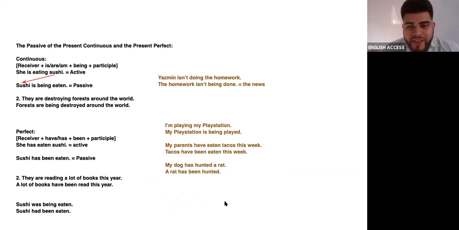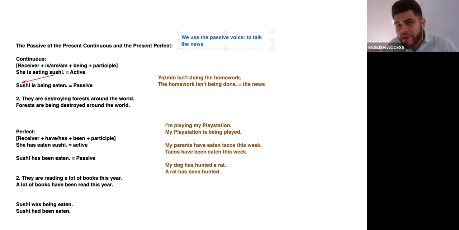Well, this is the passive voice. Now, I have said this a few times, but I'm gonna say it again. We use the passive voice to talk about the news. Everything that you see in the news, in El Sol de Acapulco, CNN, NBC, if you're going to tell those things to somebody, then it's better to use the passive voice.